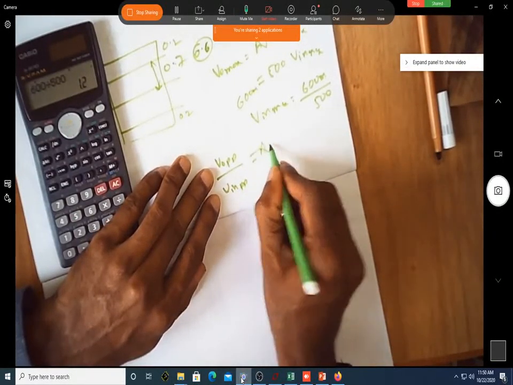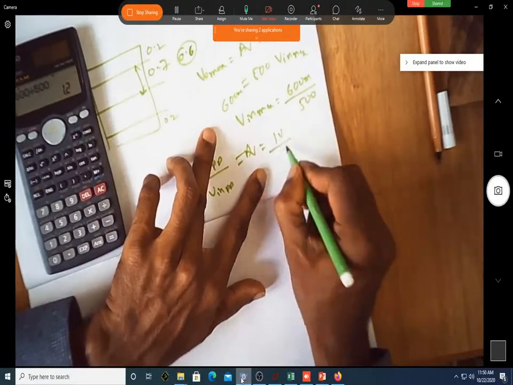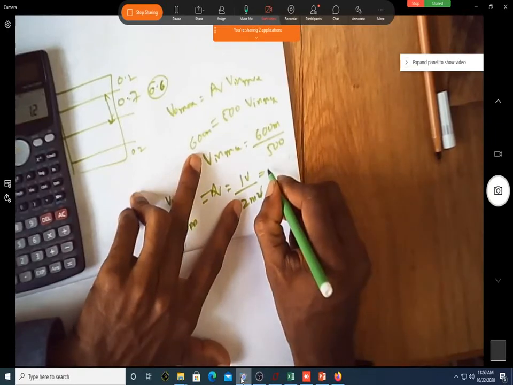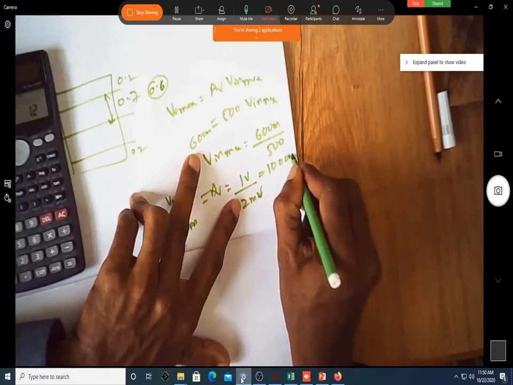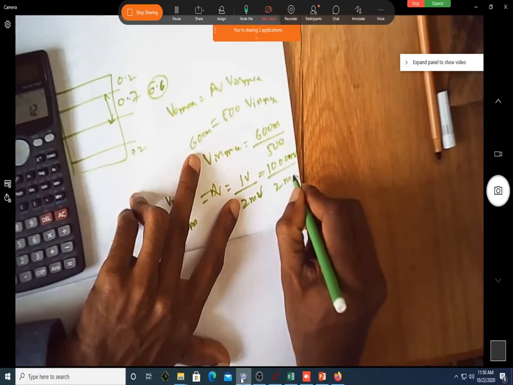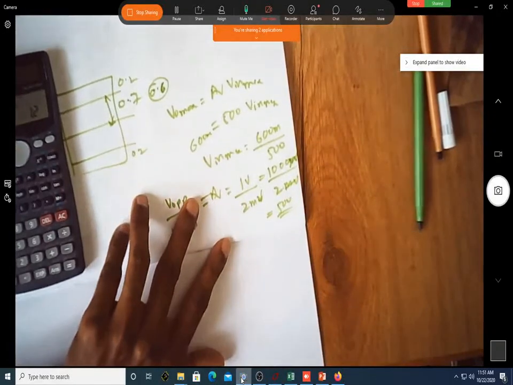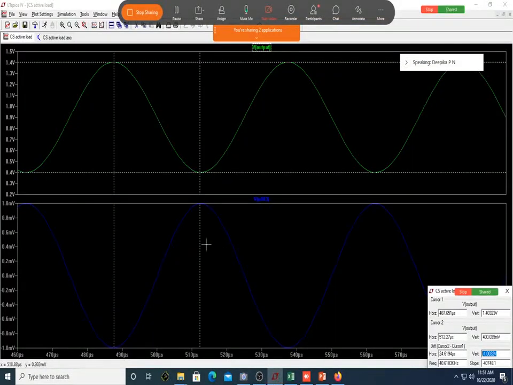Is it 1 volt by 2 millivolt? I can write 1 volt as 1000 millivolts by 2 millivolt. Milli and milli will go off. Is it not 500? Yes, sir. So this is an amplifier which is giving a gain of up to 500.